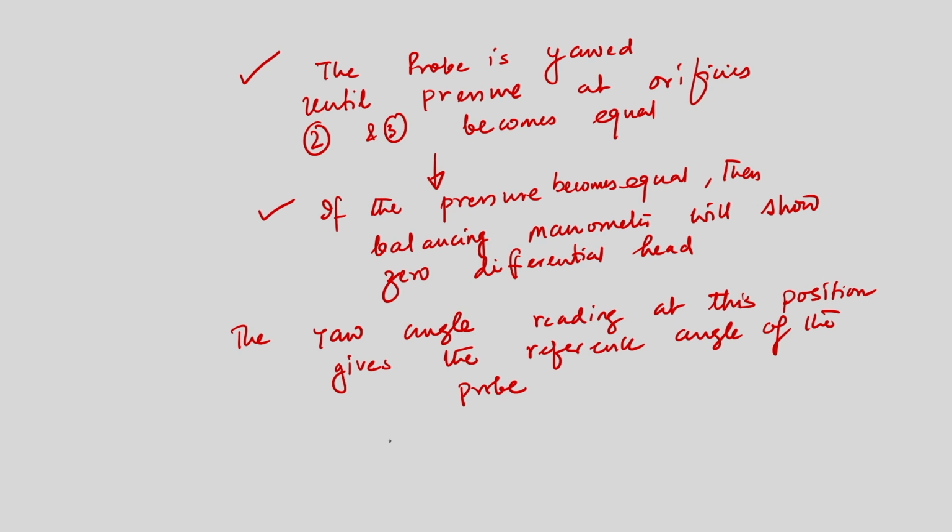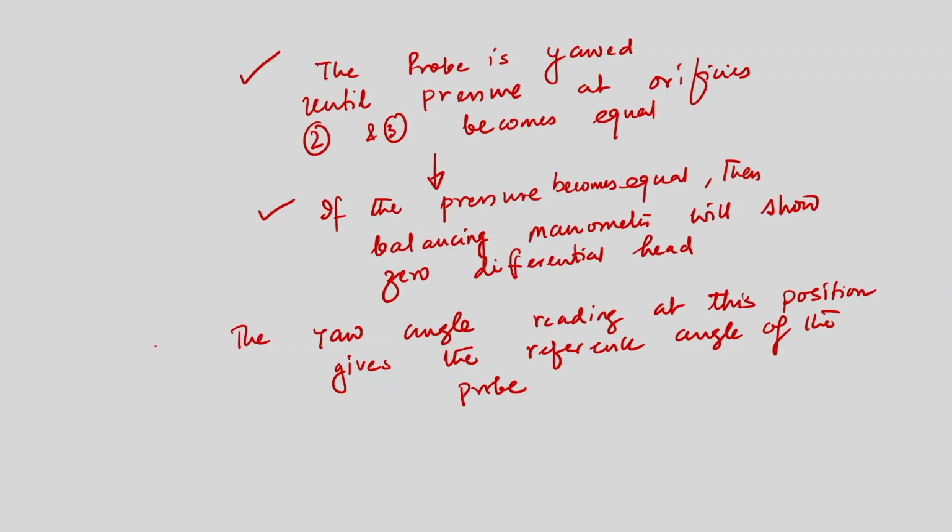So what I said, the probe is yawed until the pressure at orifices 2 and 3 becomes equal, and when they become equal, we will come to know from the reading of the balancing manometer. The balancing manometer will show zero differential head, and at that position the yaw angle that we read is the reference angle of the probe. So that is the case.